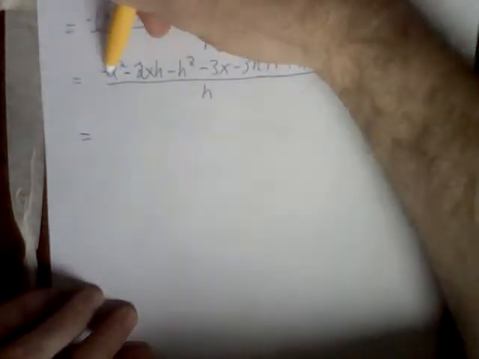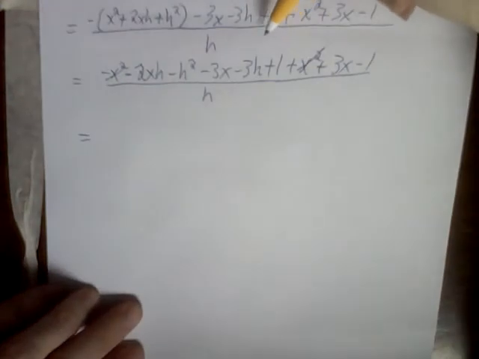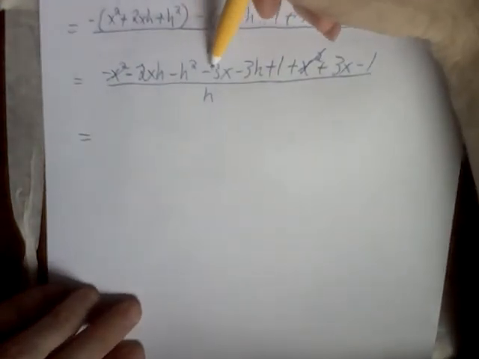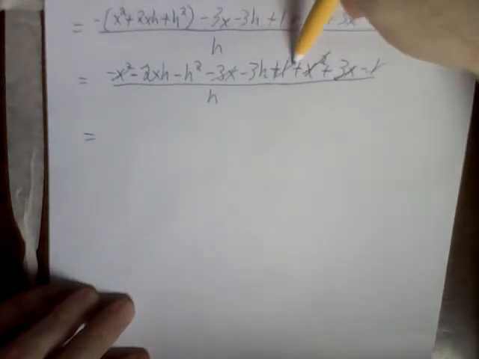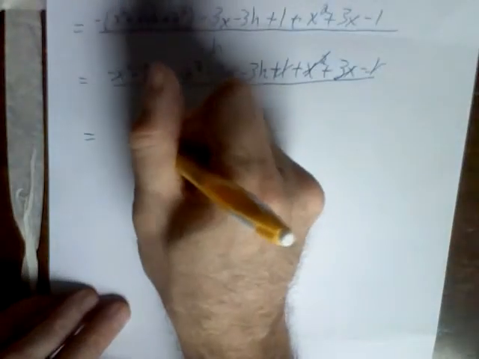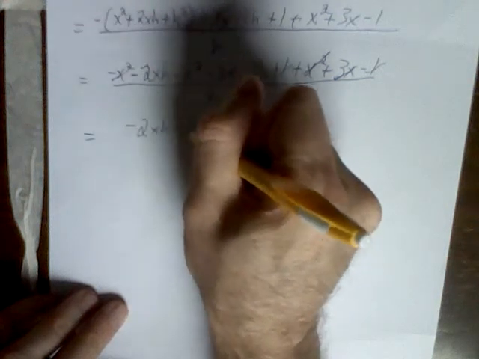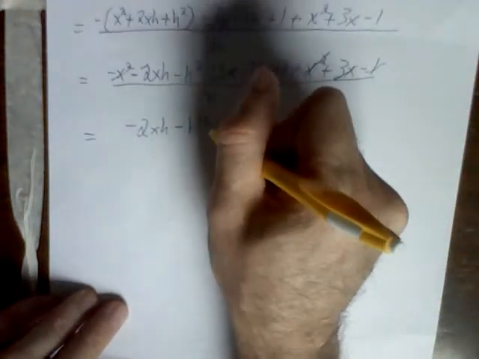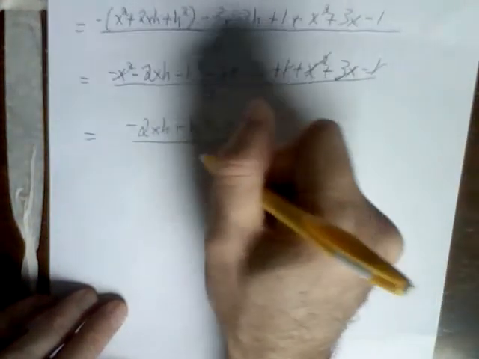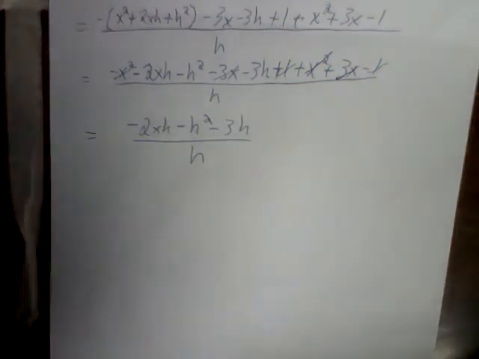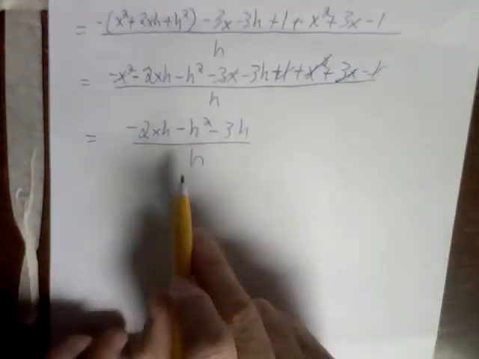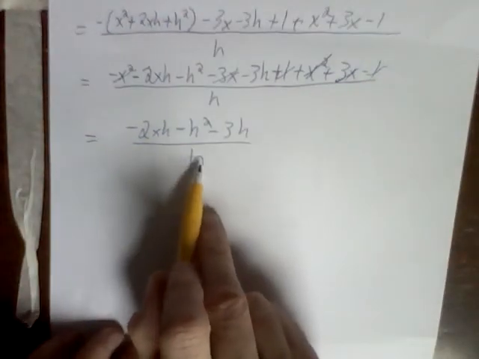Okay, so x squares are gone. The 3 x's are gone. The 1's are gone. And we're left with negative 2xh minus h squared minus 3h all over h. Okay. We want to get rid of this common factor of h.